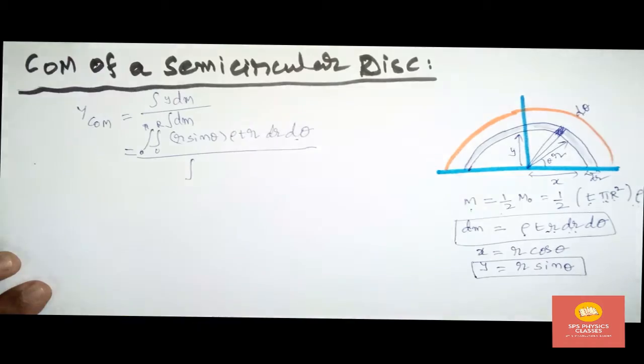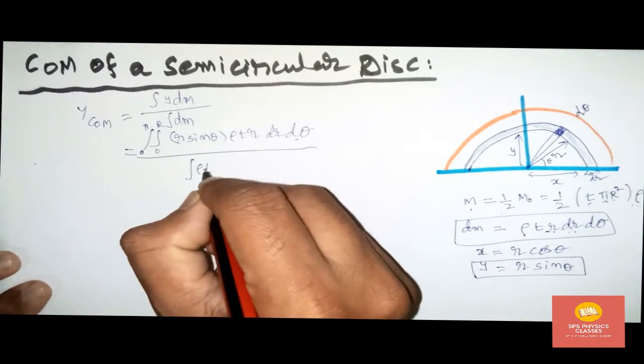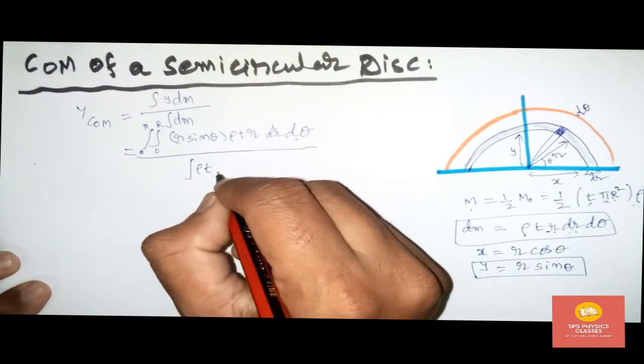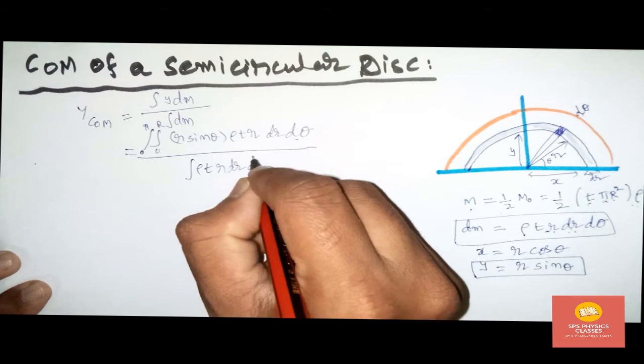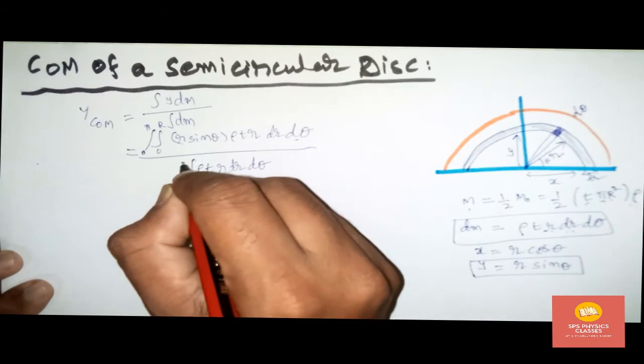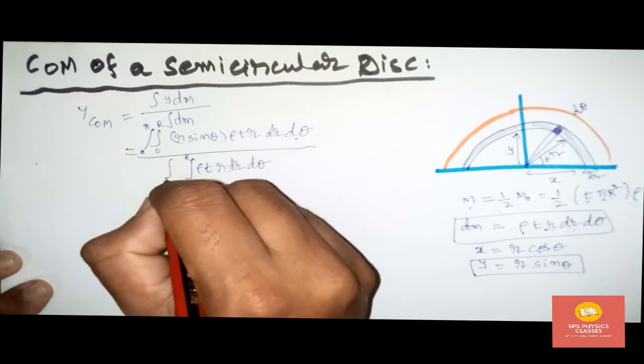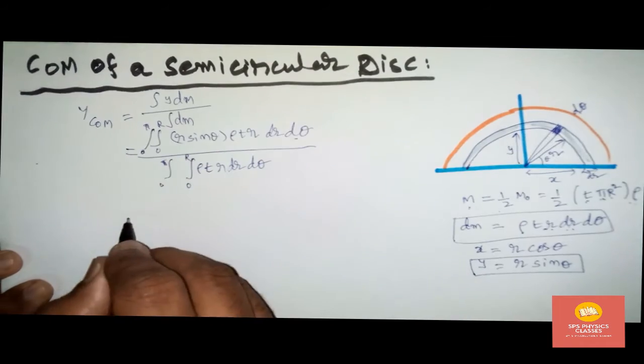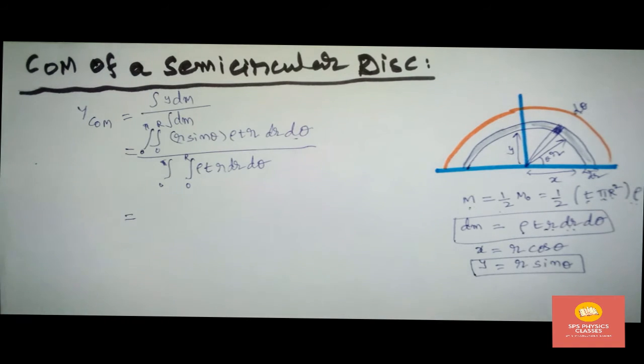Same case, the denominator is the integration of rho t r dr d theta, with limits 0 to r for the radius and 0 to pi for the angle.